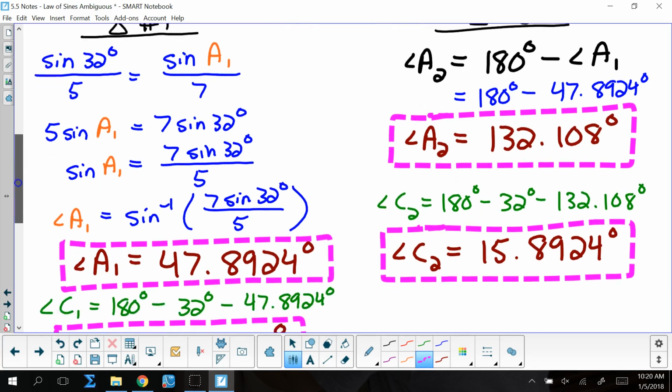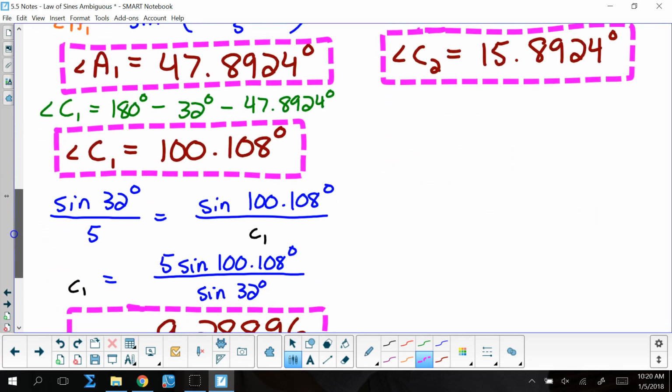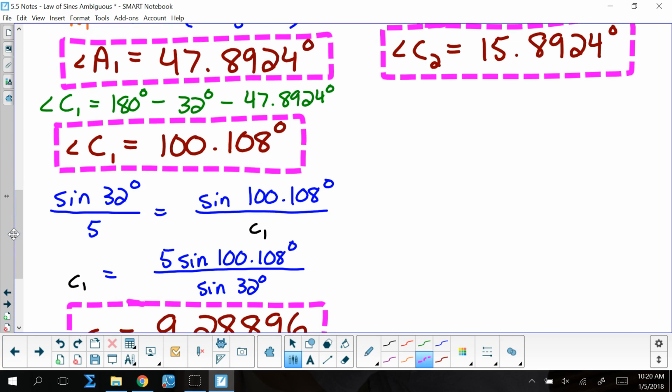Now I just got to find my new side C sub 2.